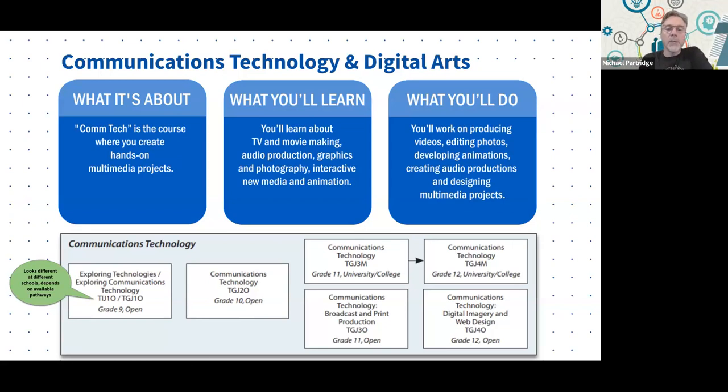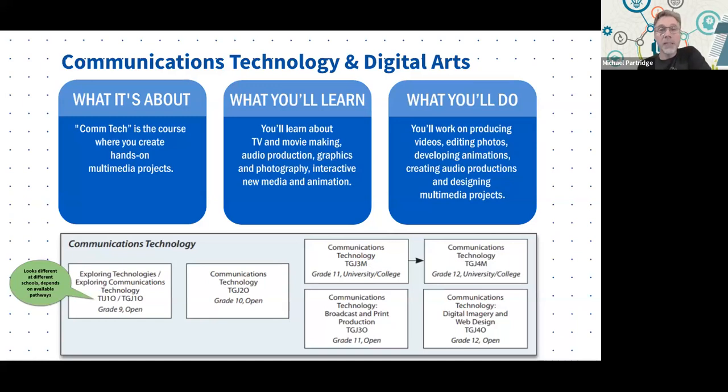When it comes to TGJ courses, these are the things you'll be doing, and this is the pathway. In most schools, there'll be a TGJ 20, so for grade 10, a 3M, and a 4M. You won't be able to take the grade 12 course unless you take the prerequisite grade 11.